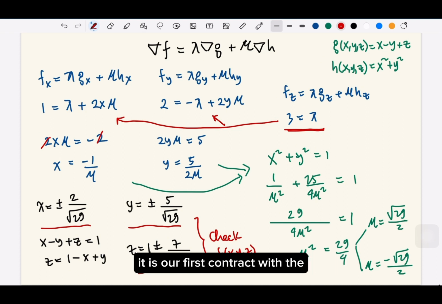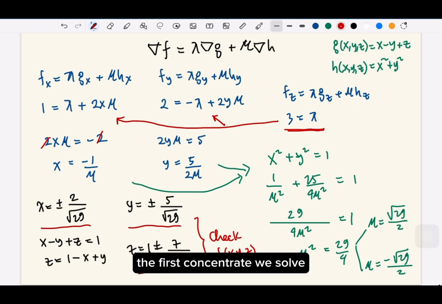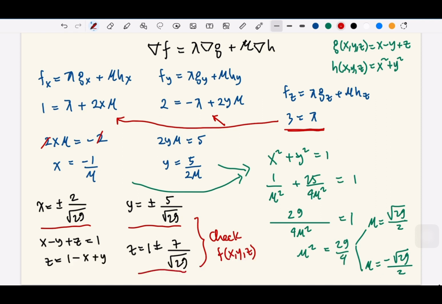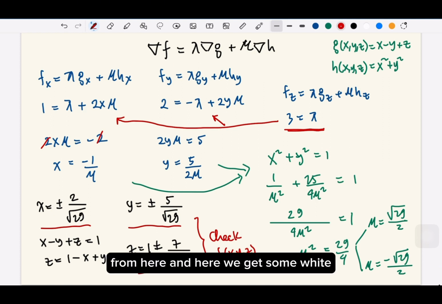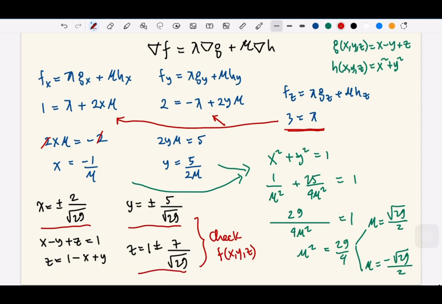This is our first constraint. We solve, and we get two possibilities for mu, positive and negative. We check the positive one. From here and here, we get some points. We check the negative, and we also get some points, which have these two possibilities, plus and minus.